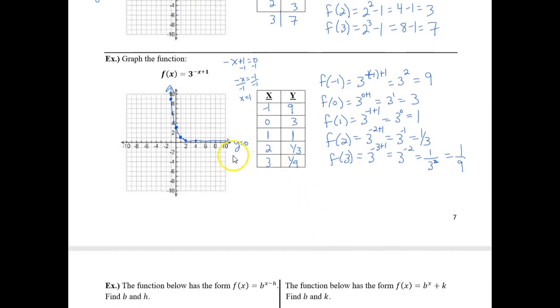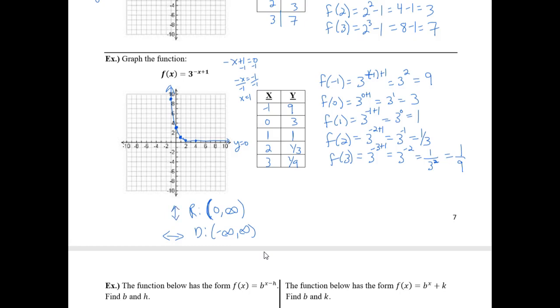So again, the range of this one would be, it's going to start close to 0, but then go up forever. But I'm not going to include 0 because it's never going to touch that x-axis. So that's the range. The domain is everything. It's going to go left and right forever. So remember, domain is how far left and right.